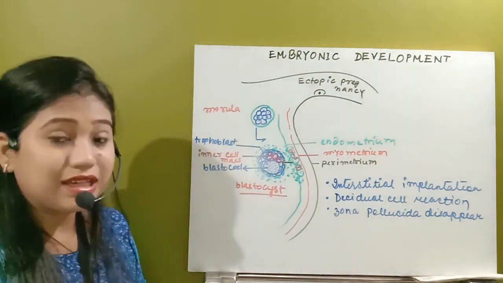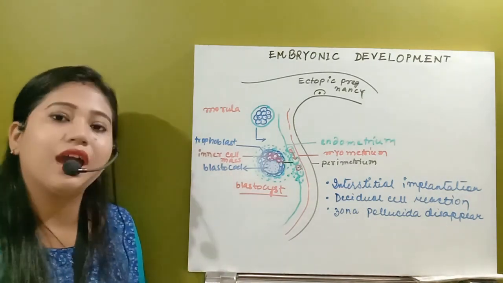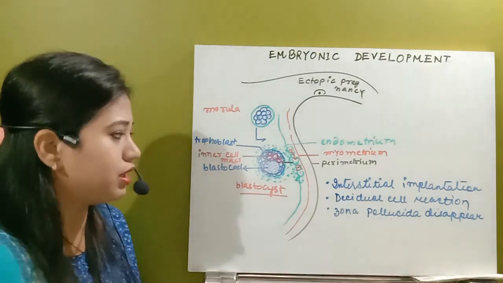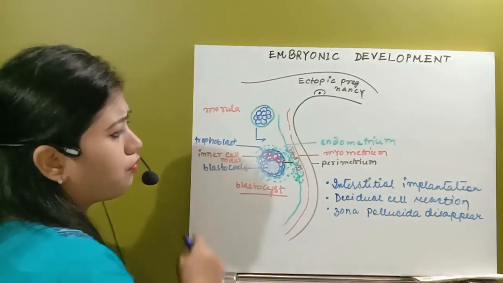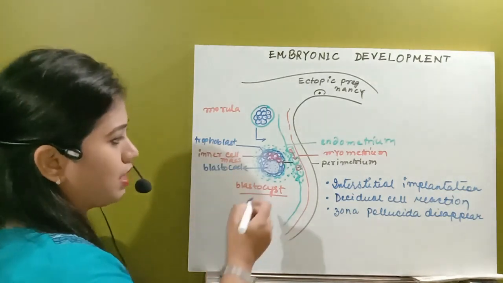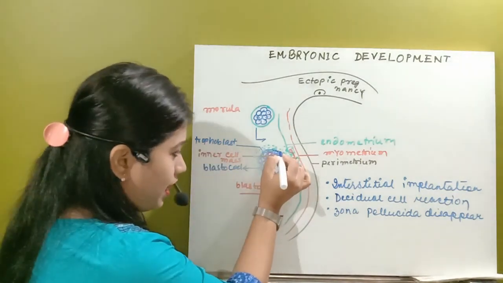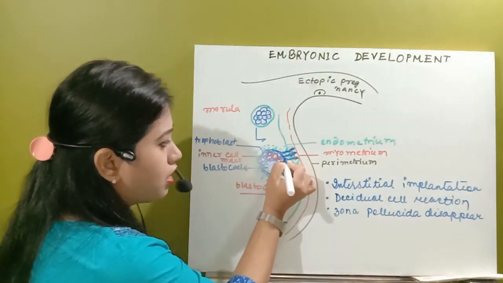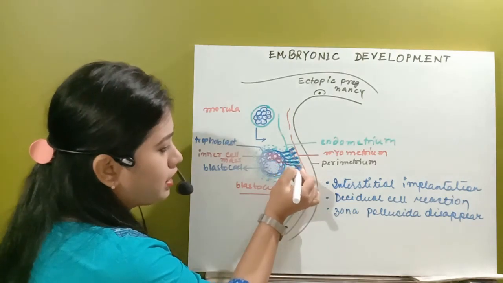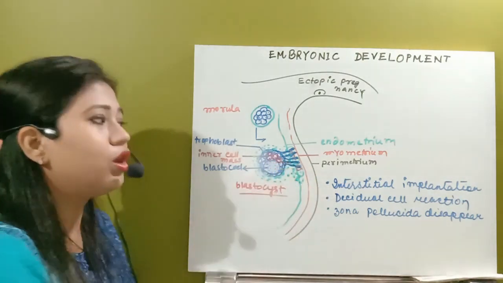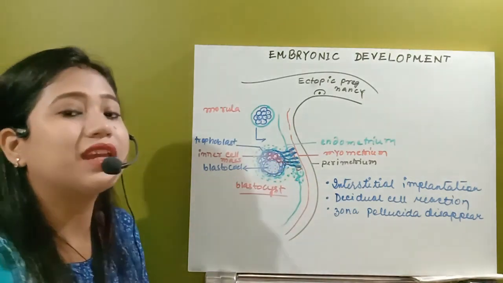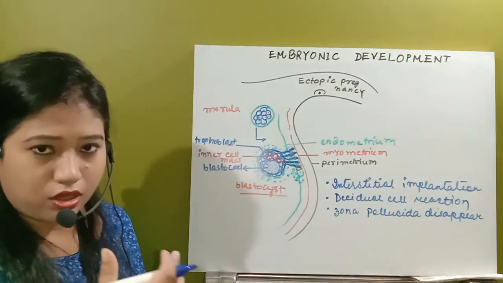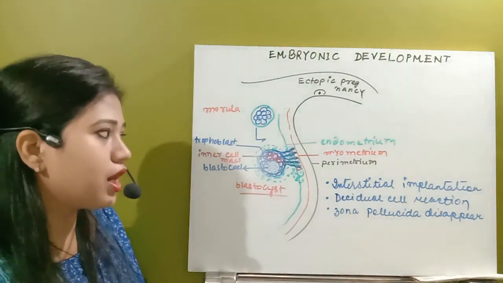In that very same time, another very important thing is happening. What is happening? The trophoblast will start to develop some finger-like projections, and these will help the whole blastocyst to get attached to the uterine wall.